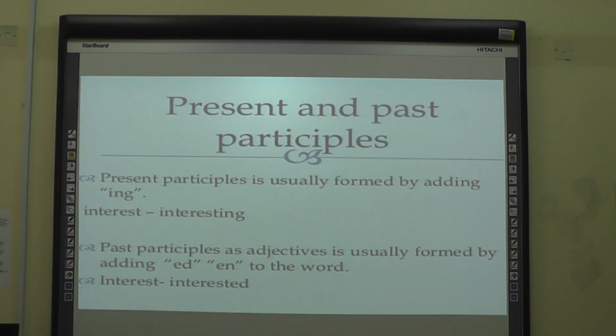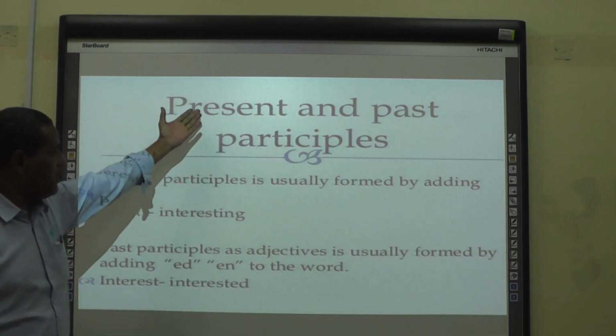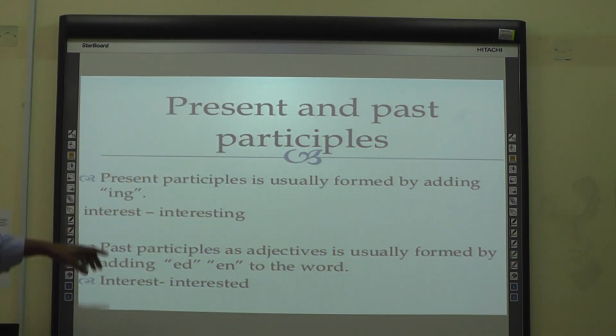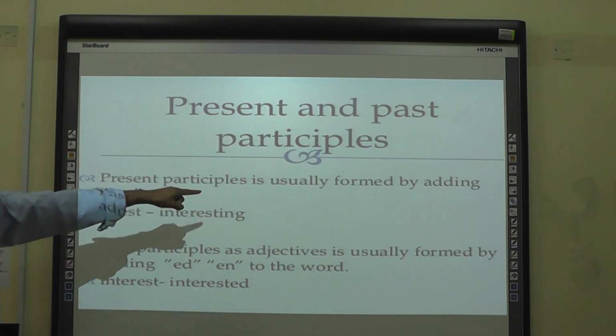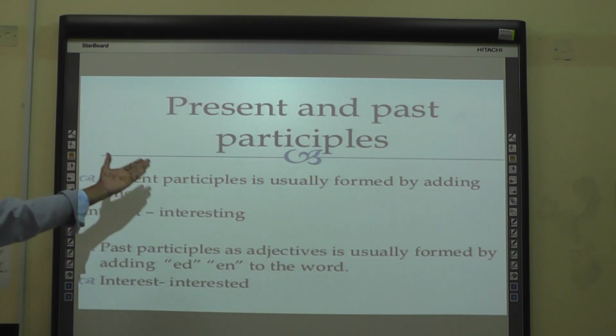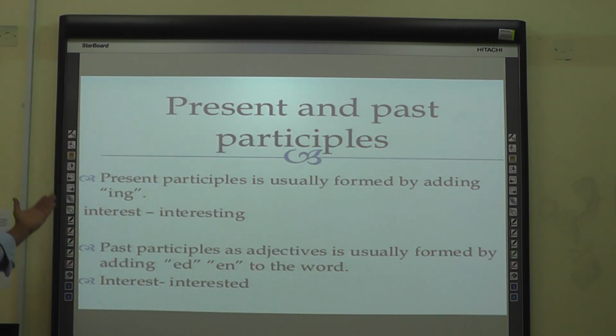So how do we form the participle adjectives? We call them either present participle or past participle. Present participles are usually formed by adding ing, like interest becomes interesting, bore becomes boring, excite, exciting, and so on.